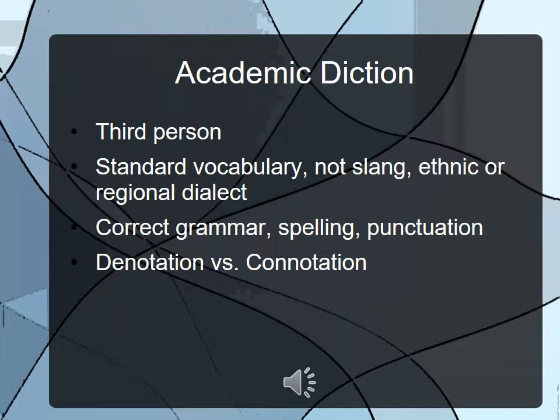Finding the right words is pretty simple, and looking in a thesaurus, not for every single term, but some of your more important statements, or the statements you're not quite satisfied with the feel of, helps, because usually if you think something feels right, and that feeling is not just because you want to be done already, you are doing good work. But again, academic diction is usually third person. You'll want to usually avoid connotations and focus on denotative language. Of course, you want your spelling, punctuation, and grammar to be correct, and you want to use standardized vocabulary and avoid using slang or regional dialect.